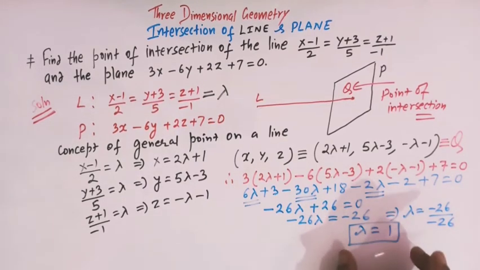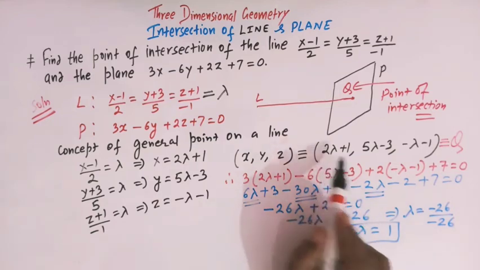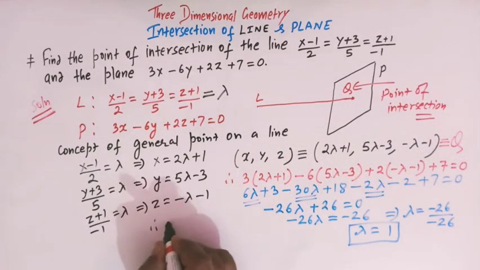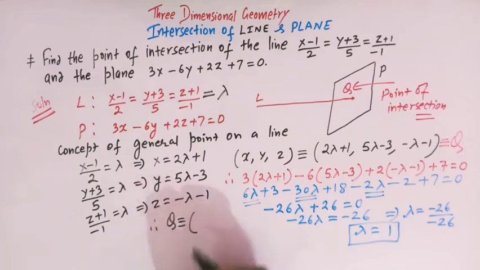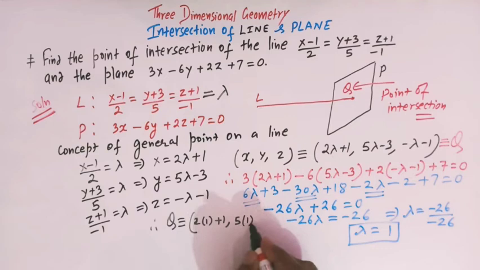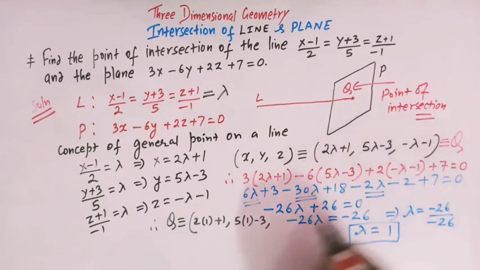Once we have obtained the value of lambda, that is equal to 1, we can substitute lambda to get the coordinates of this point Q. With lambda equal to 1, we have 2 times 1 plus 1, then 5 times 1 minus 3, and then minus 1 minus 1.